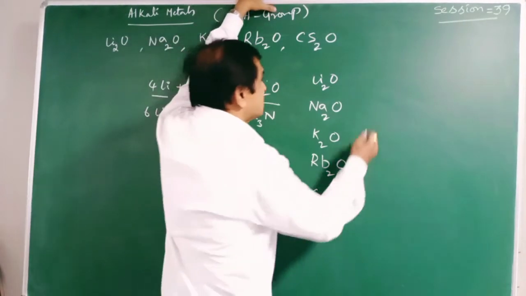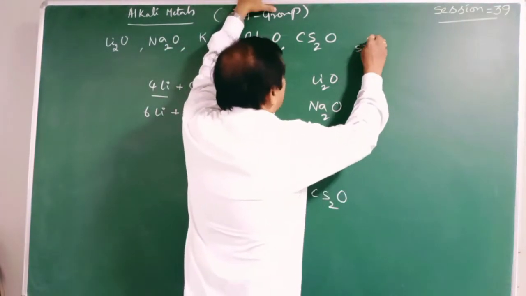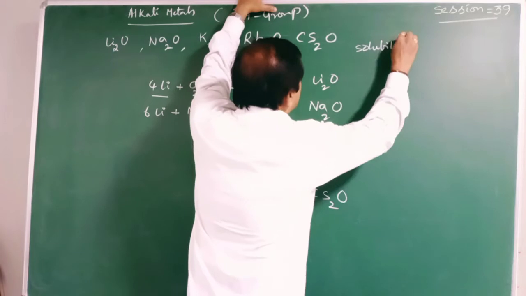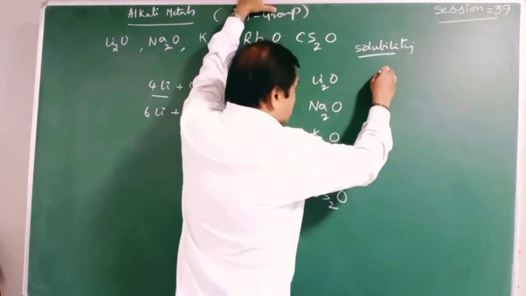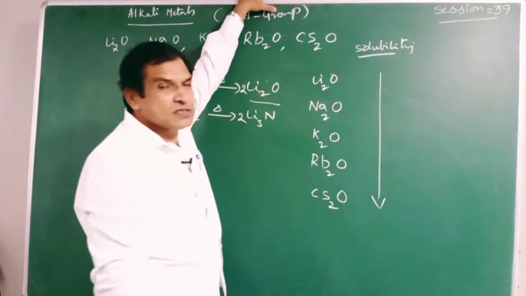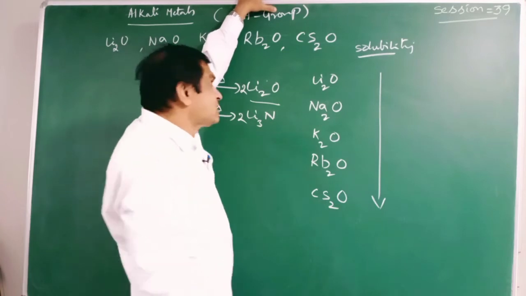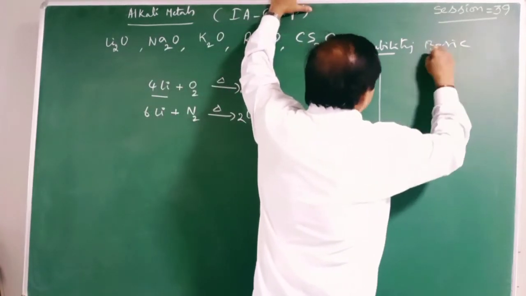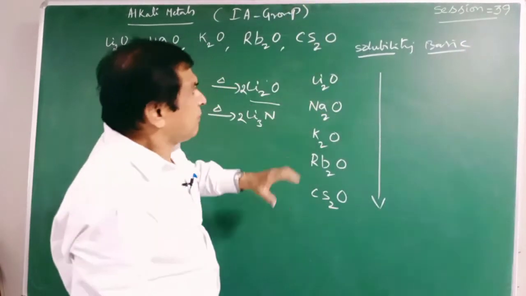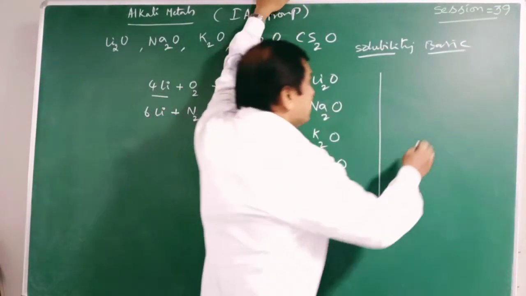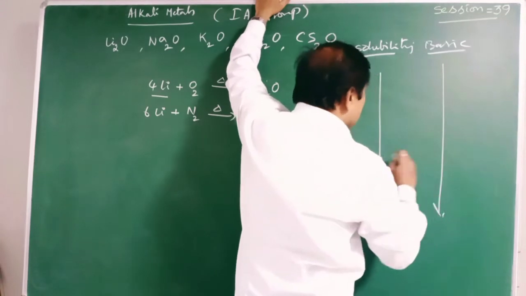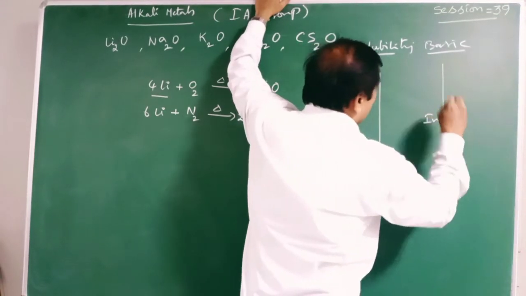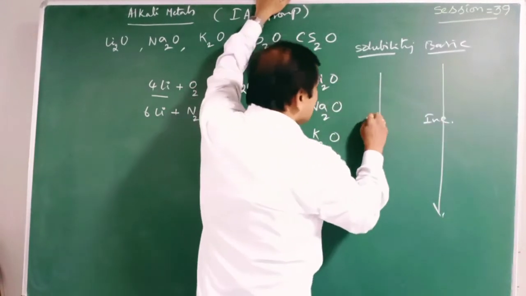In these oxides, first, the solubility of the oxides increases from top to bottom. Next, the basic nature of the oxides also increases from top to bottom.